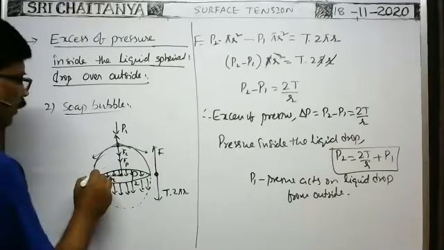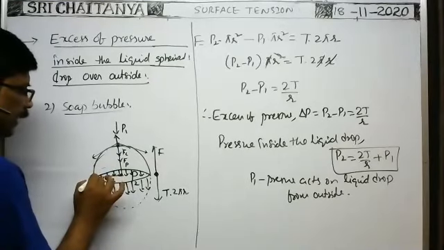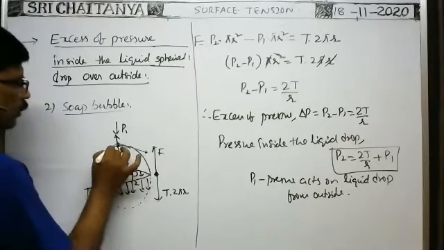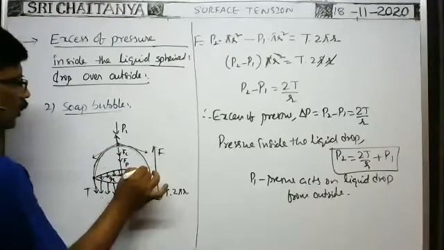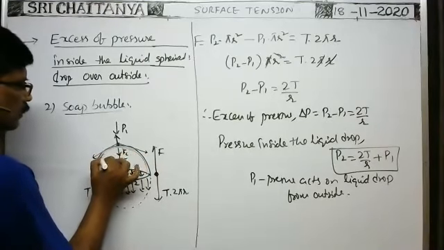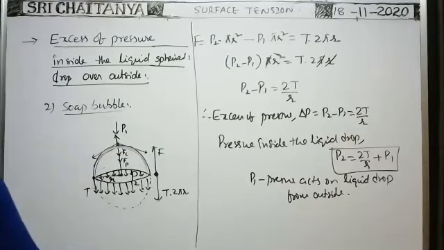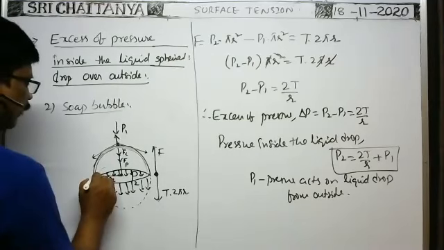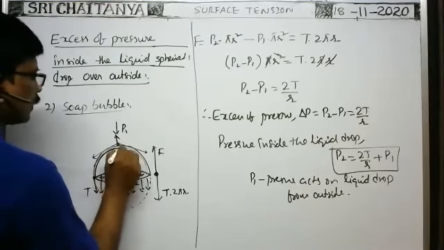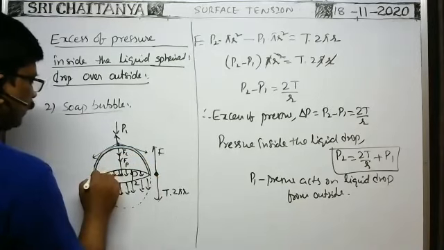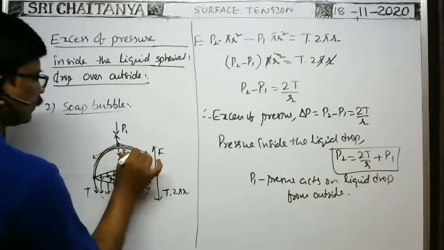In the case of a soap bubble, inside the soap bubble, air is there. A soap bubble has two surfaces, an inner surface and an outer surface. Inside it, there is air, like this.